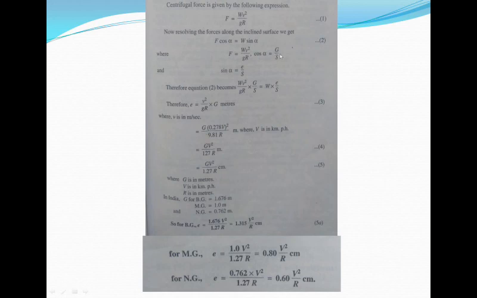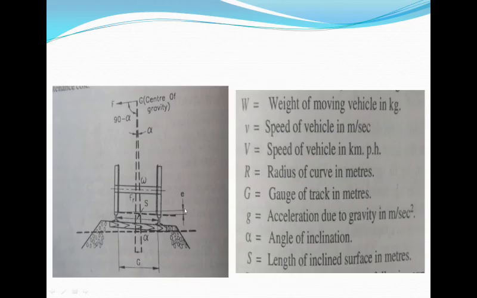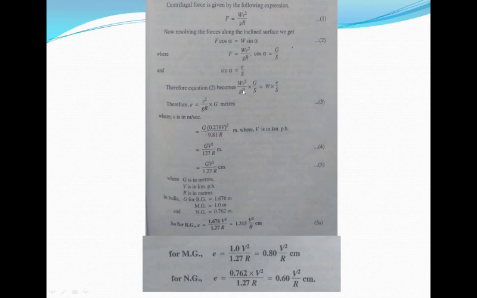G by S is nothing but adjacent side by hypotenuse side, and sin alpha is equal to opposite side by hypotenuse side. In this triangle, opposite side is E, hypotenuse side is S, and adjacent side is G, right? When I consider cos alpha, G by S. When I consider sin alpha, E by S, right? This is how I have got this expression.